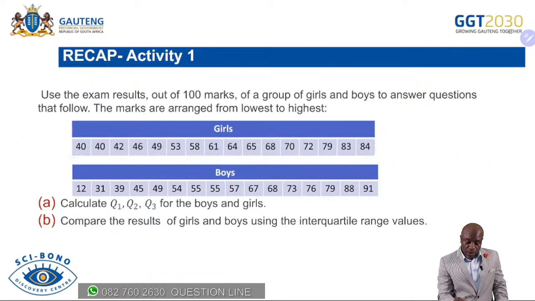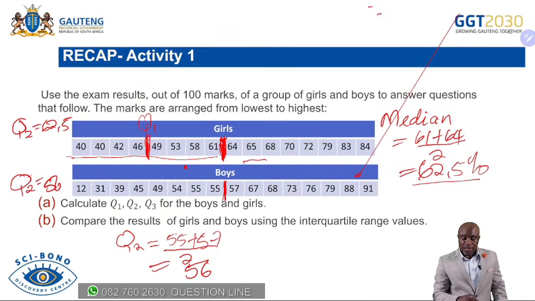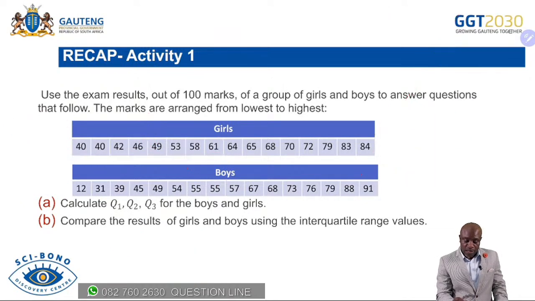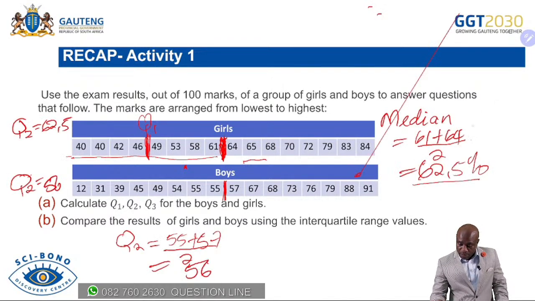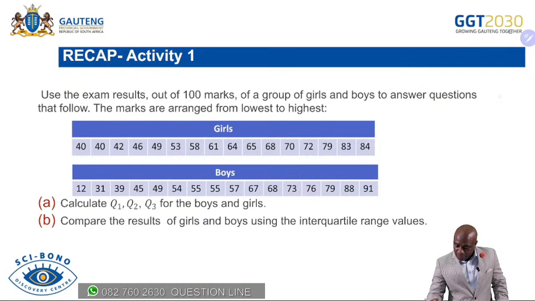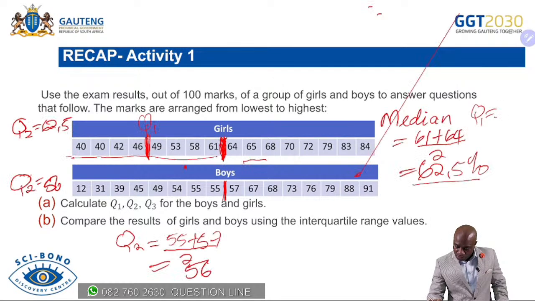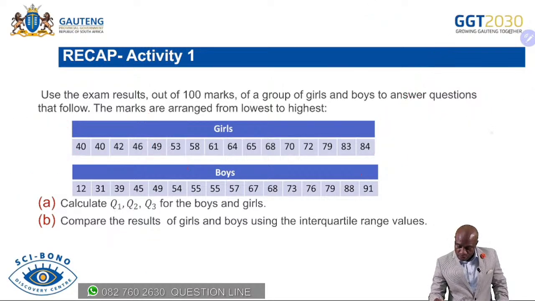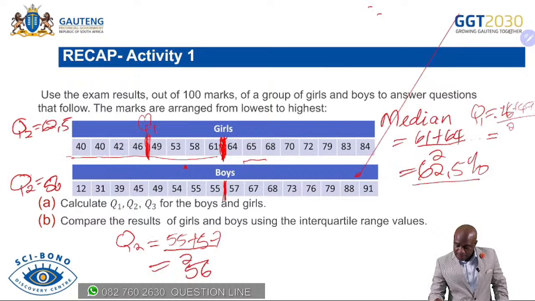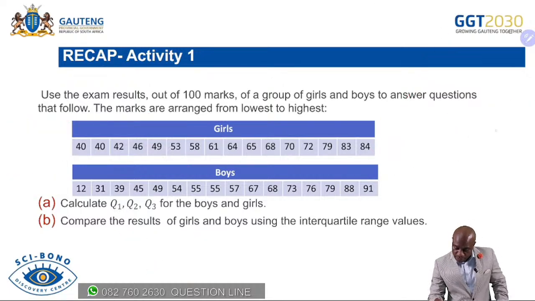Therefore our Q1 for the girls is 46 plus 49, and we divide that by 2, and the answer is 47.5.